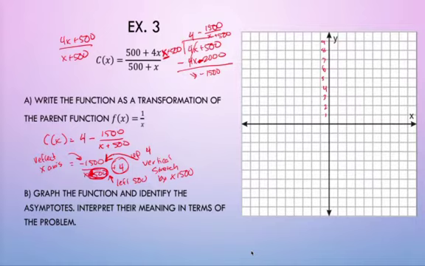But this is going to be 100, 200, 300, 400, 500, and so on. And so our point that would be at 0, 0 in the function 1 over x is going to be shifted 4 units up and 500 to the left.